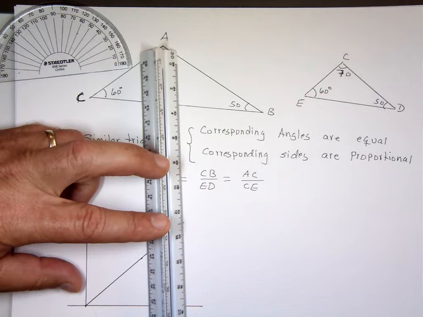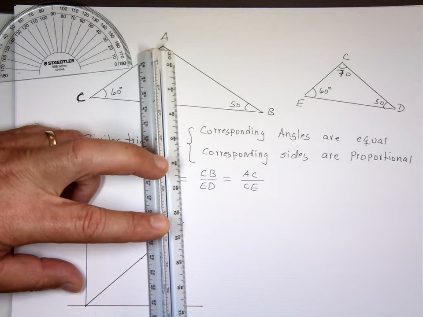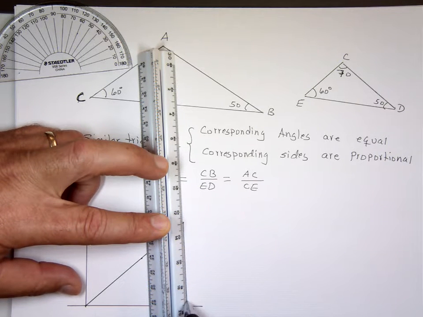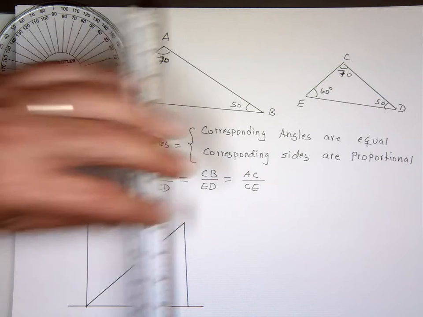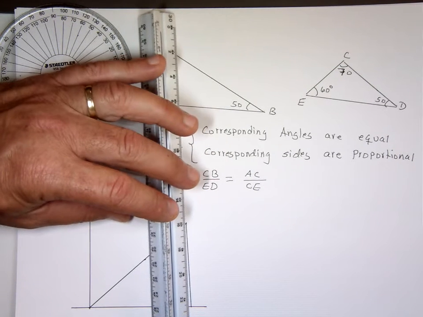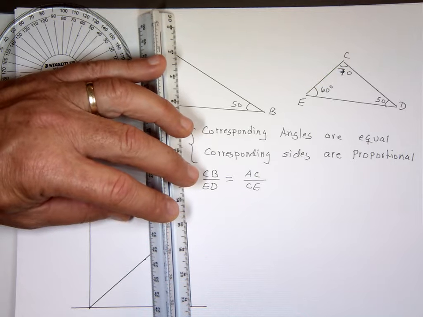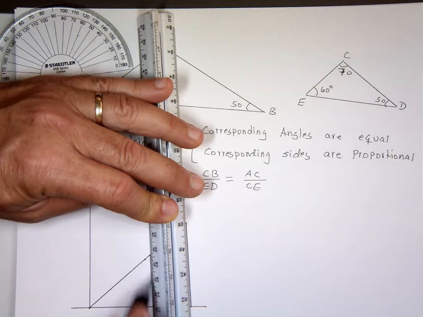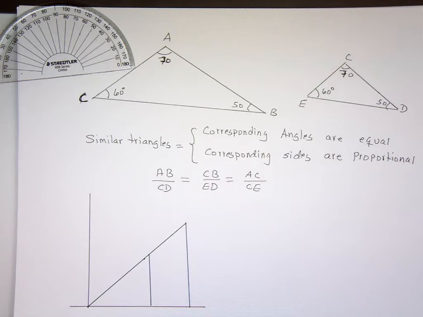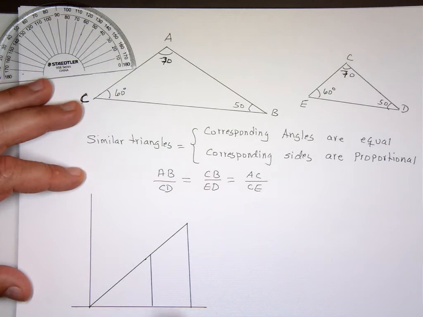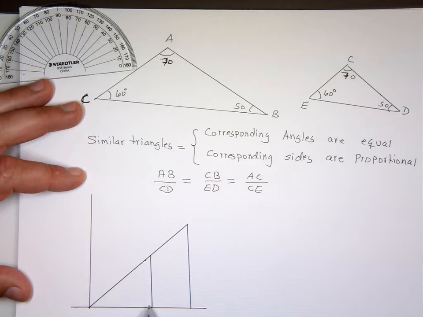Now draw a 90-degree angle down, and there's my triangle. Now go anywhere inside that and draw another line parallel to the one we did up there. Now we have similar triangles. The big triangle and the little triangle are similar.